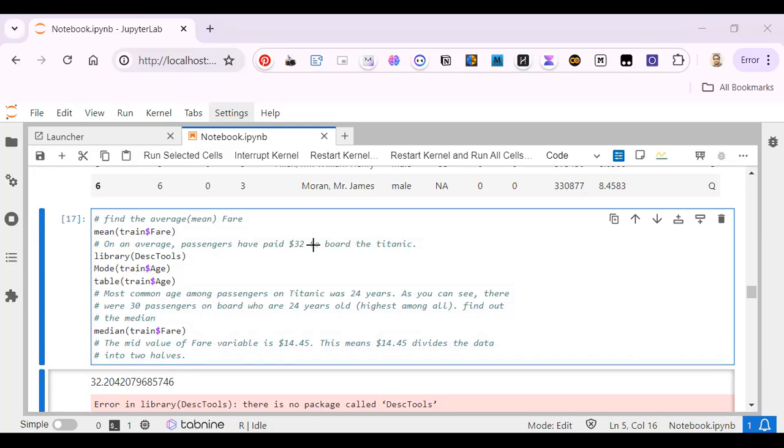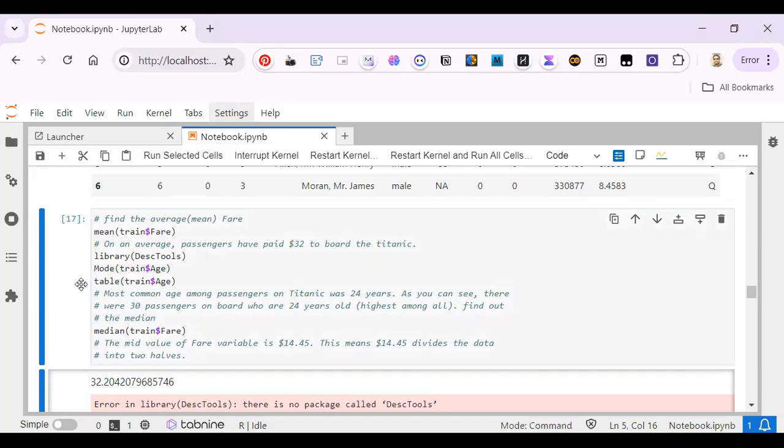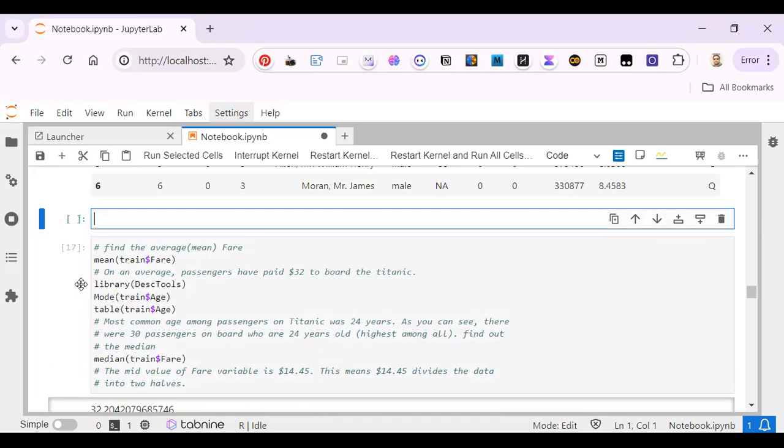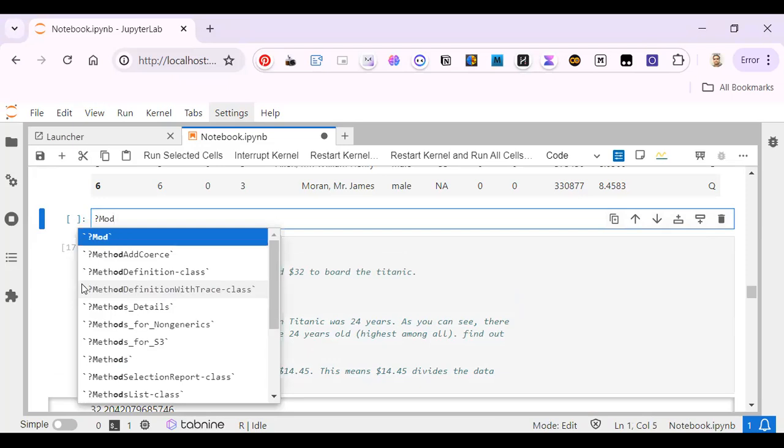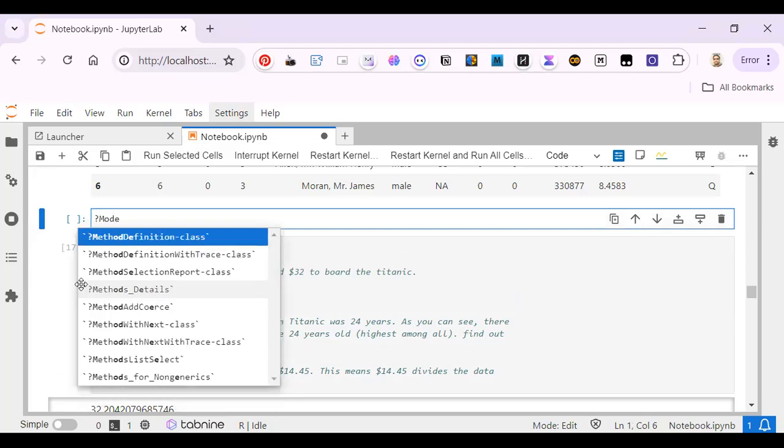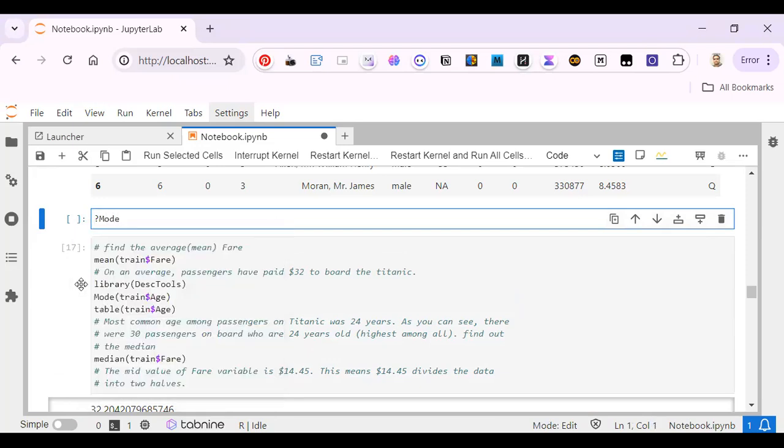Now we are getting errors, right? If I look here or just type out here with a question mark, and here I'm just asking mode. In these cases, you will get results outside of the search words.